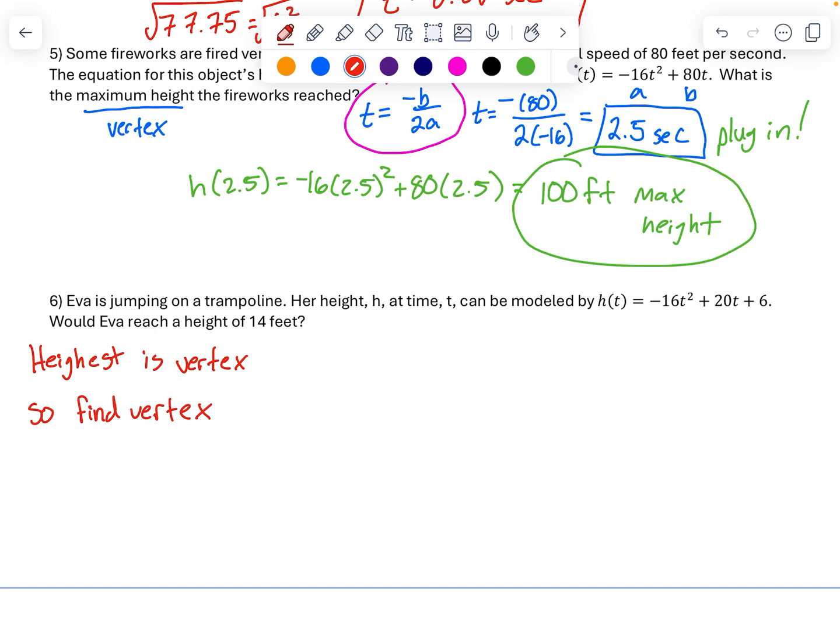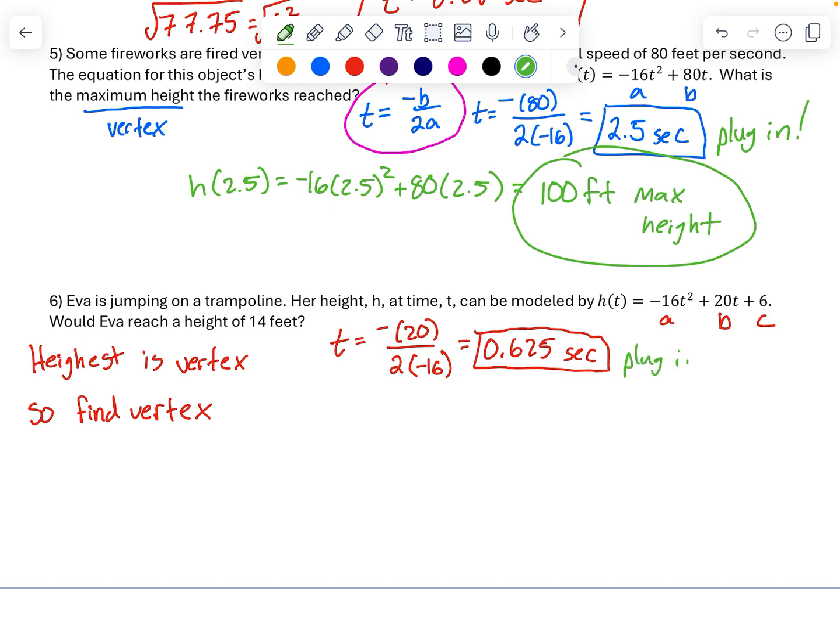Sorry. So we're going to do t equals, this is our a, b, and c. So negative b over 2a. So I type it into my calculator and I get 0.625 seconds. So that's how long it takes Ava to reach the highest point. So then we're going to plug that in to find the highest point.